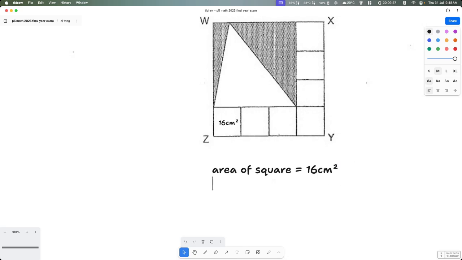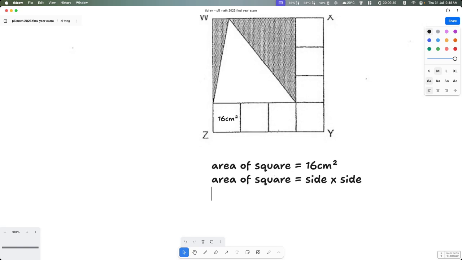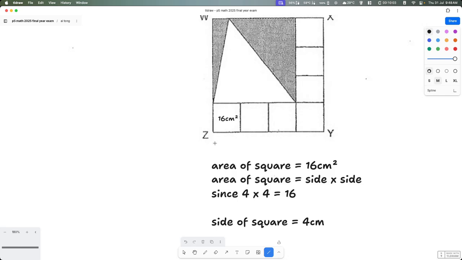We also know that the area of a square is side times side. So what times what equals 16? Since 4 times 4 is equal to 16, that means the side of the square is 4 centimeters, which I'm just going to put with an arrow over here.